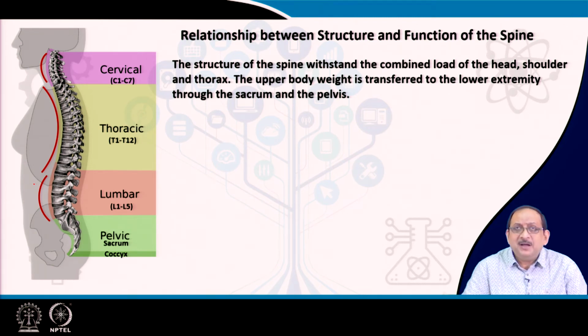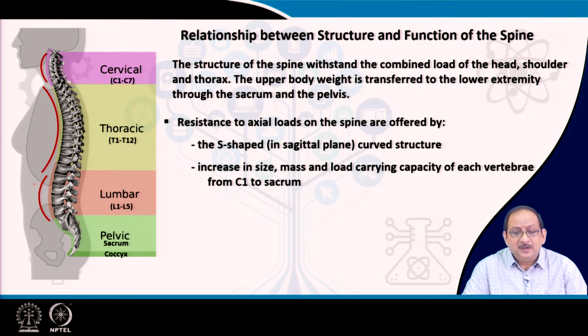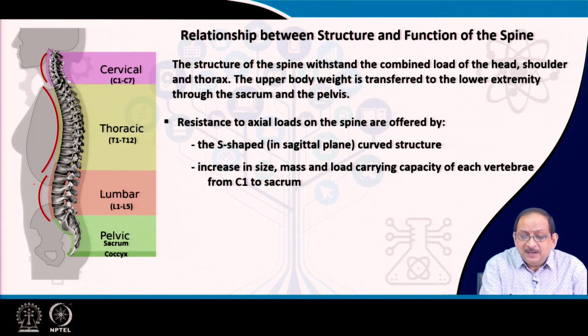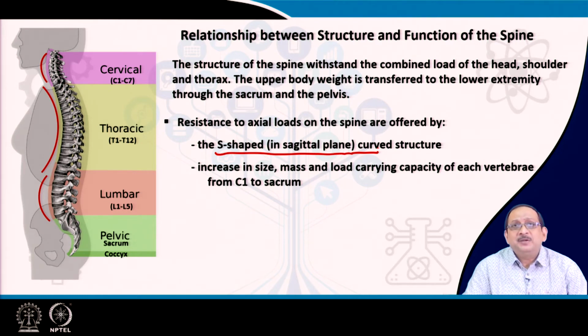The structure of the spine withstands the combined load of the head, shoulder and thorax. The upper body weight is transferred to the lower extremity through the sacrum and the pelvis. So, the resistance to the axial loads on the spine is offered by the S curve in the sagittal plane. It is an S-shaped curved structure.